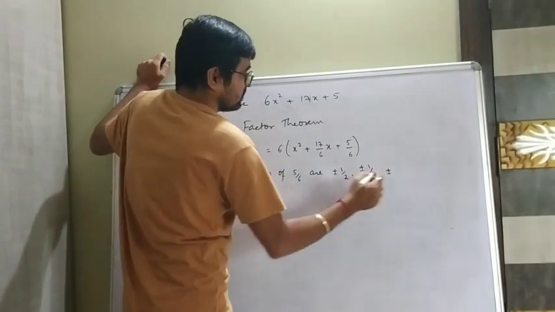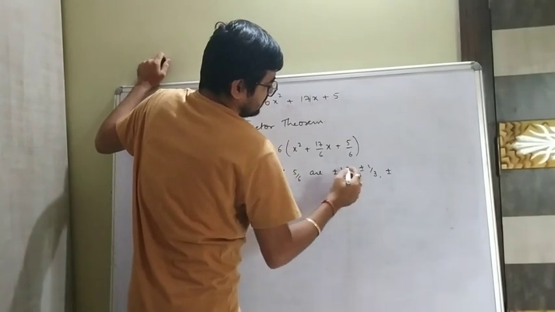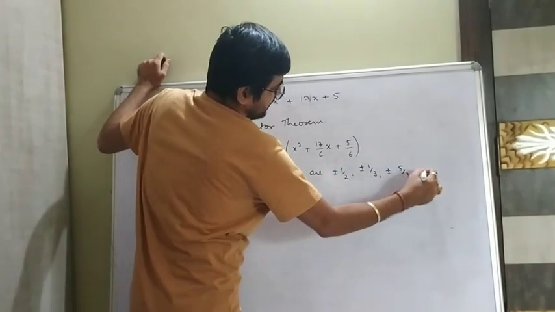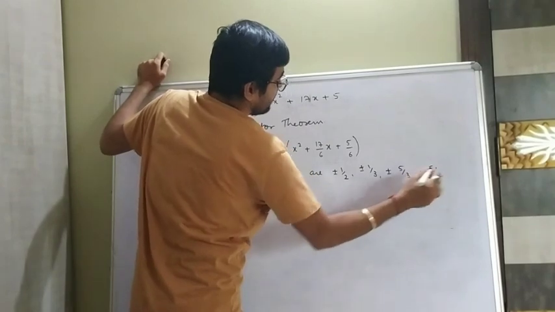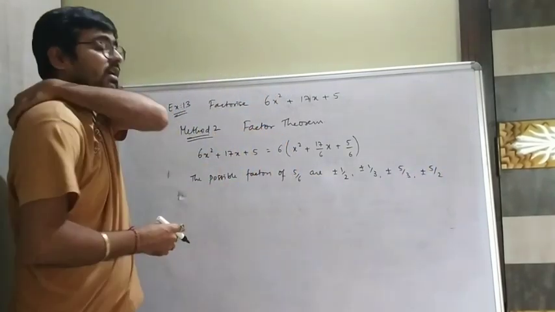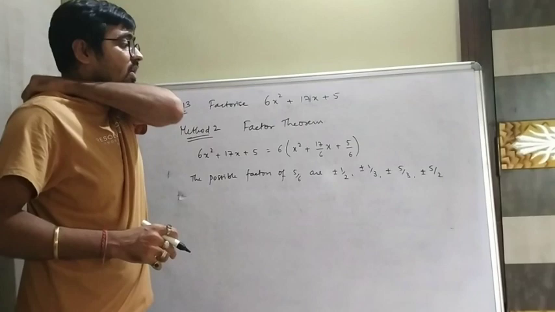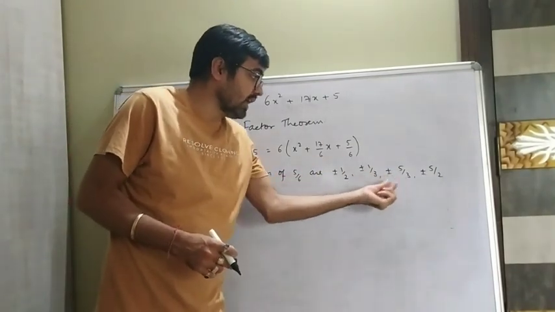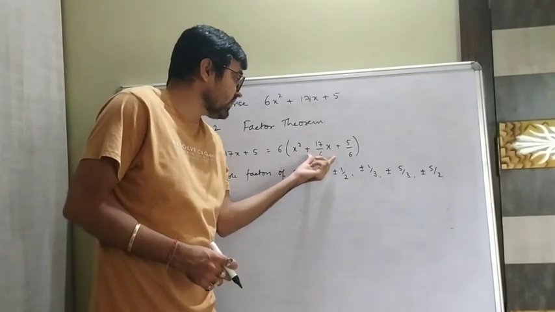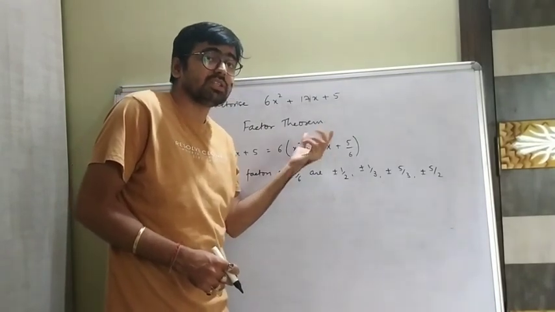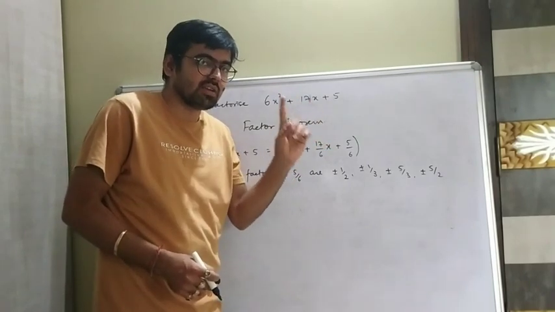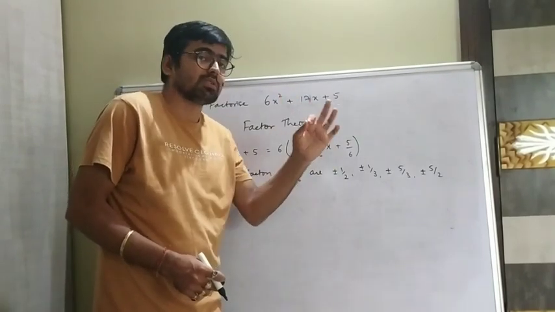Then what could be else? 1 by 2, then 5 by 3, 5 by 2. Correct? So these are the possible factors. Now from these, which particular value is going to satisfy this quadratic polynomial which gives us answer 0? Because what we understood is, if it is a factor, then the remainder must be 0.